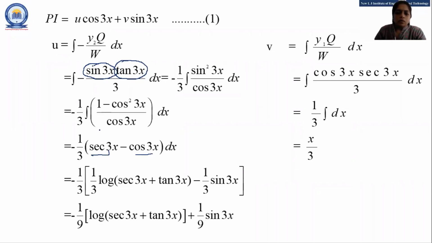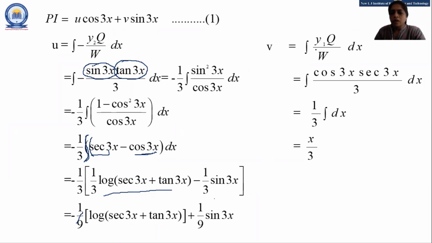Now the integration of sec 3x is 1/3 log of sec 3x plus tan 3x, and the integration of cos 3x is sin 3x upon 3. So finally u is minus 1/9 log sec 3x plus tan 3x, and minus minus plus 1/9 sin 3x. This is the value of u.